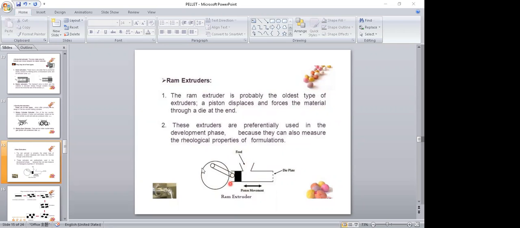As we apply some pressure, this piston moves, and this material is forced in a forward direction, and with the help of this die plate, you will get your extrudate. So in this way, it will work. So by using various types of extruders, you will be able to form the extrudate, and that extrudate is going to be placed into the spheronizer for spheronizing purposes.